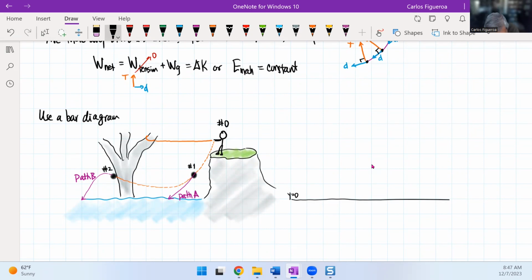Now, in order for him or her to get off the top of the hill, they need a tiny bit of kinetic energy. So let's look at the energies.